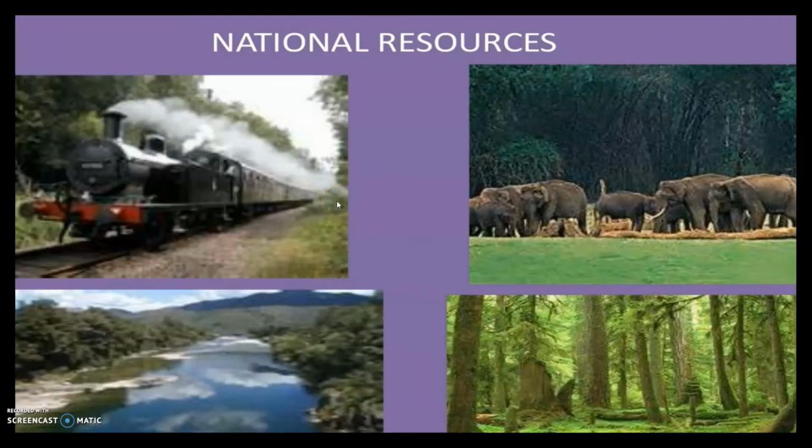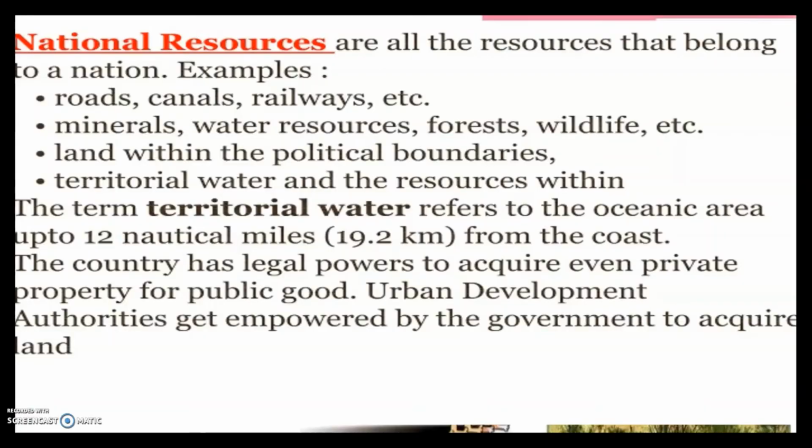Then the next one, national resources. National resources are all the resources that belong to a nation. For example, roads, canals, railways, etc. Then minerals, water resources, forests, wildlife, etc. Land within the political boundaries.